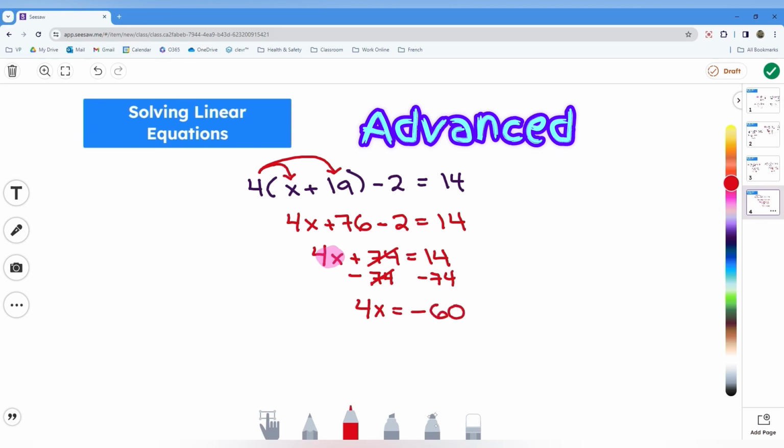Our last step is to divide by whatever is attached to the variable, because this right now is 4 times x. And the opposite of multiplying would be to divide. So our final answer is going to be negative, because a negative divided by a positive is a negative, and 4 goes into 60 20 times. So there is our final solution.